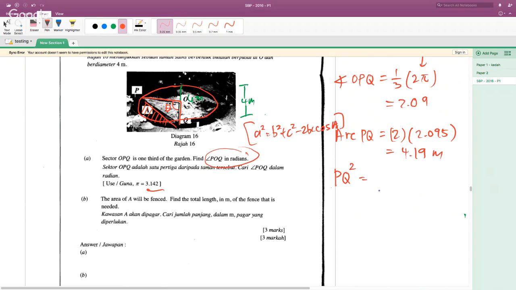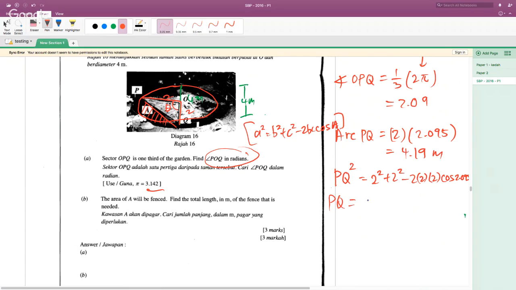So PQ squared, this is 2 and 2, right? So it will be 2 squared plus 2 squared minus 2 times 2 times 2 times cos 2.095. Let me change my calculator to radian.